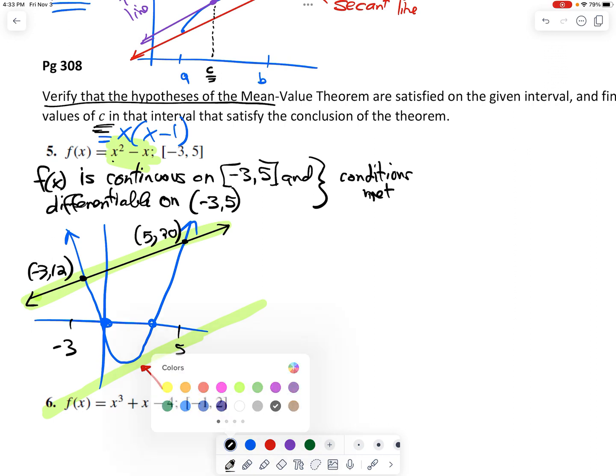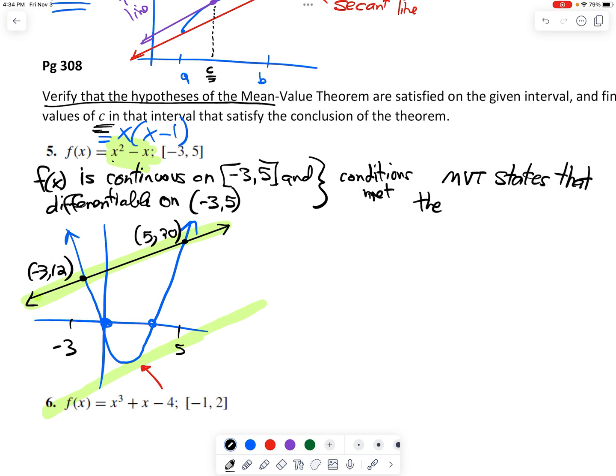So here's how the mean value theorem works. We've met the conditions, and now the MVT states that there is some number c within the interval -3 to 5 such that the slope of the secant line equals the slope of the tangent line.